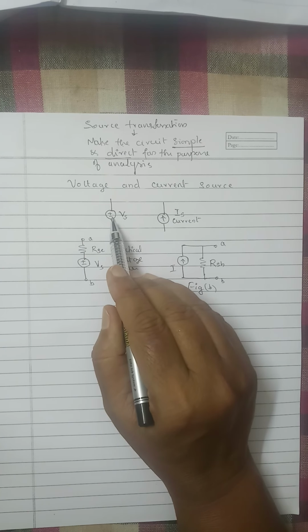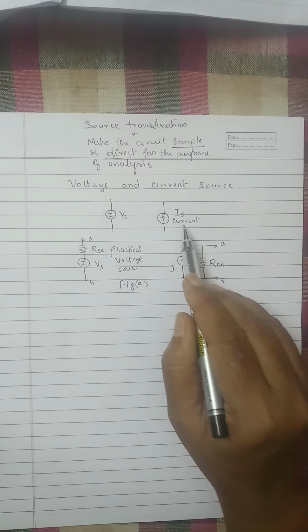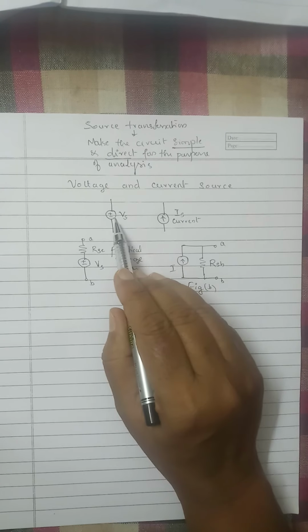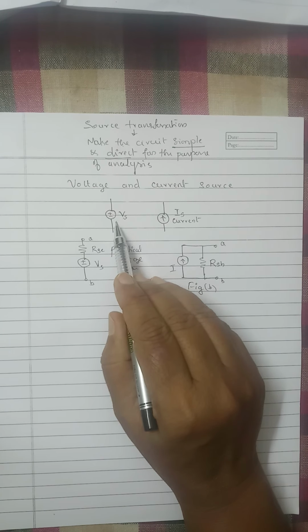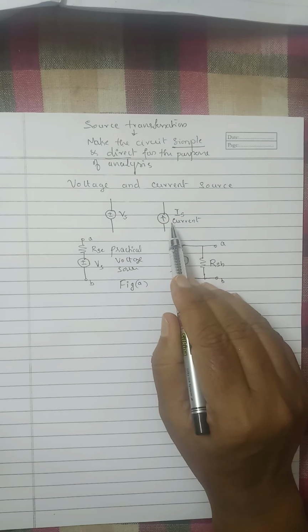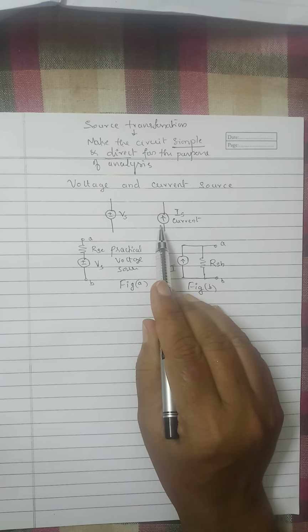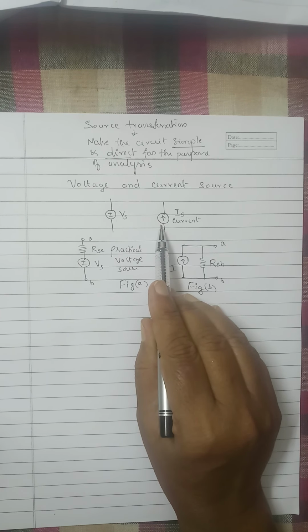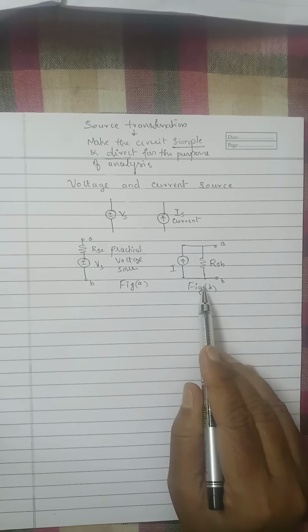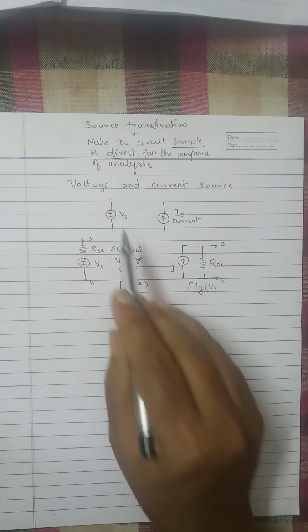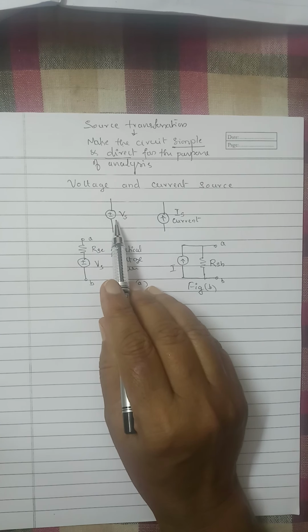This is a symbolic representation of an ideal voltage source, and this indicates an ideal current source. Vs is the source voltage and Is is the source current. The next two figures indicate a practical source. In an ideal voltage source, there is no series resistance.